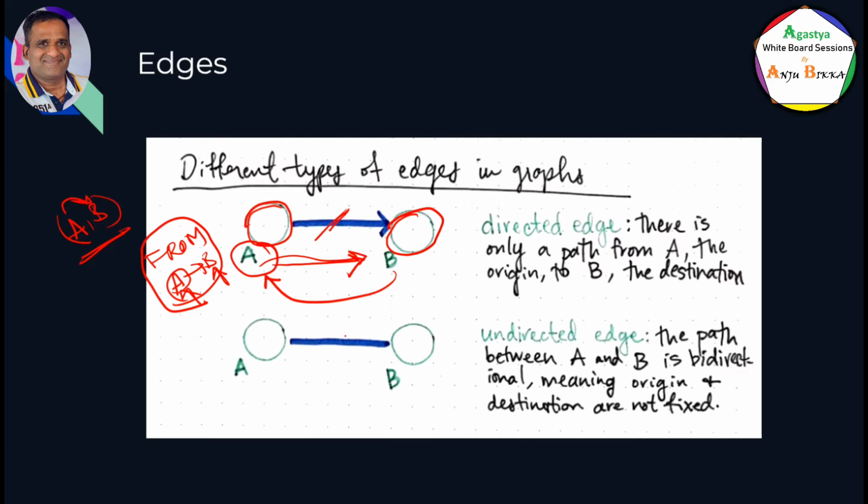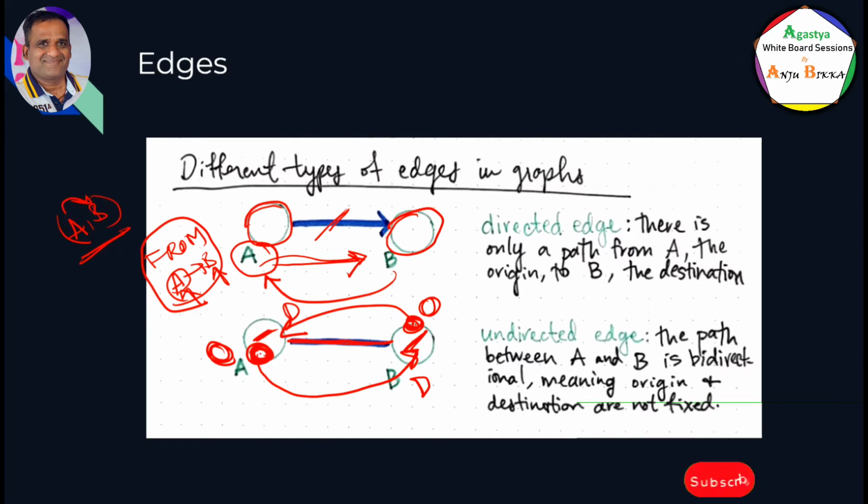Now in the case of an undirected edge, node A and node B are connected undirected. That means we can travel from here to here, or from here to here. If we start the journey from here, this is the origin and this is the destination; if we start from the other side, the roles swap.